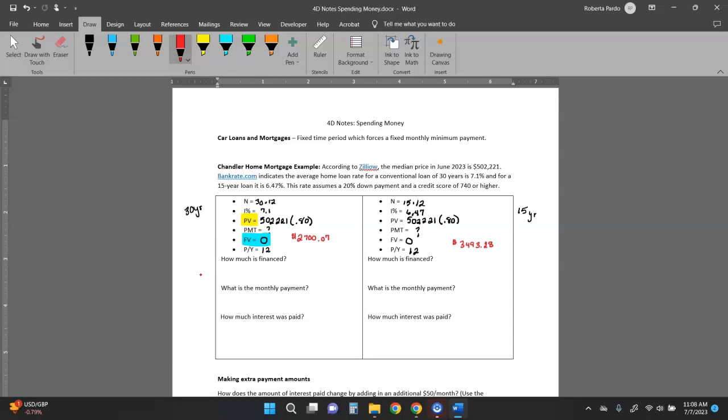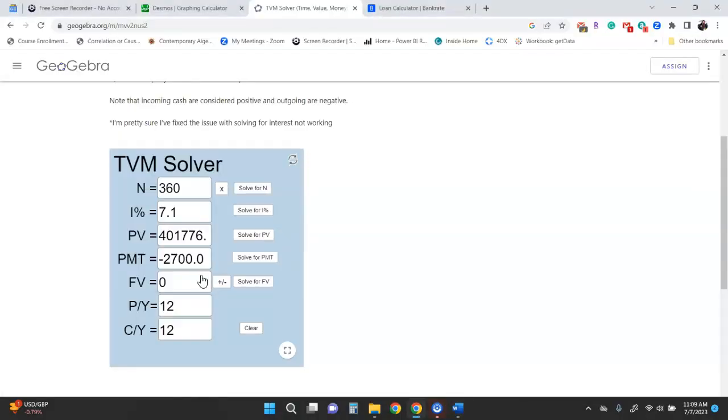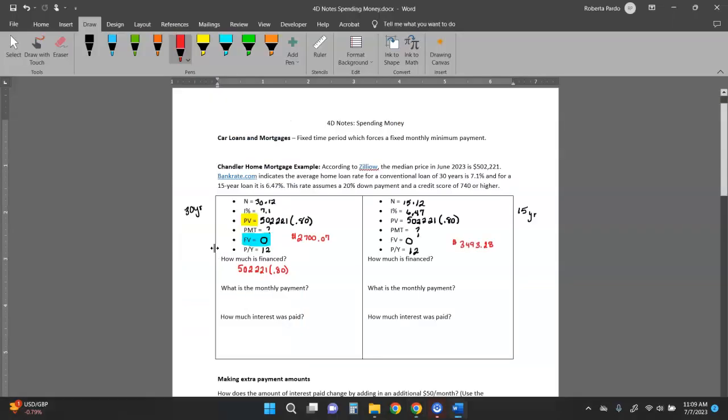The amount that's financed is the cost of the home times 0.8, because that's how much we're actually financing. And if you notice, when you did that calculation in PV, it gave you how much is being financed here, which is $401,776.80.